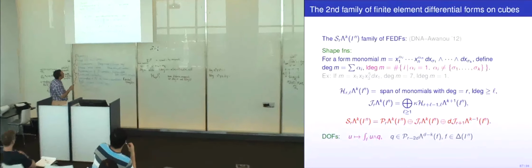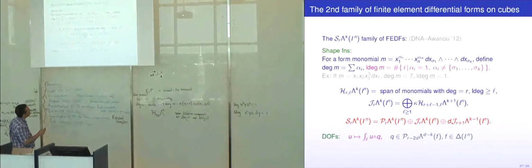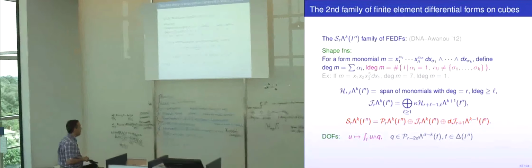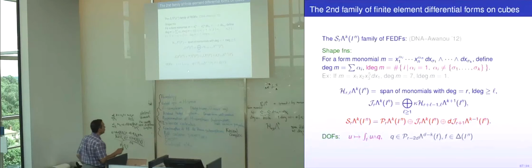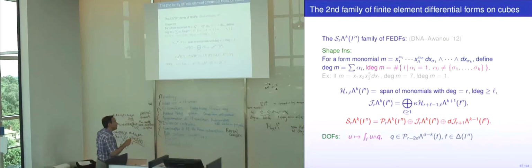So it's extra stuff. And what's more, there's no overlap between this middle piece here, J r, and this piece d J r, because J r is all kappas, and d J r is all d's, and we know there's no intersection between d's and kappas. Nothing can be both a d and a kappa unless it's 0. So we have a direct sum of P r and certain kappas, which are higher than degree r, and certain d's, which are higher than degree r. And that's our shape function space.